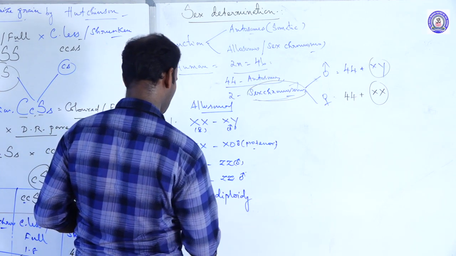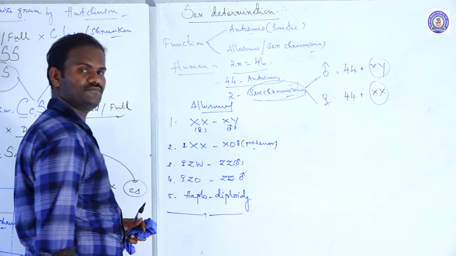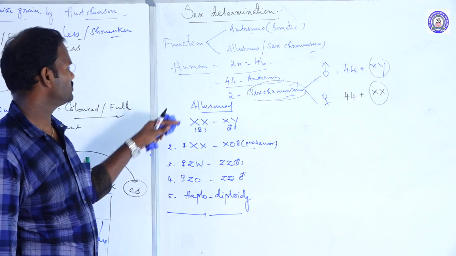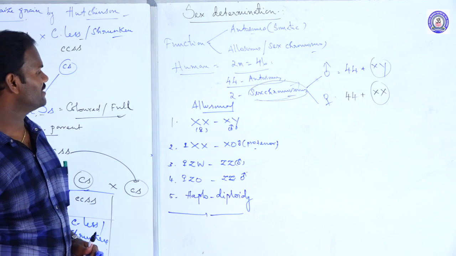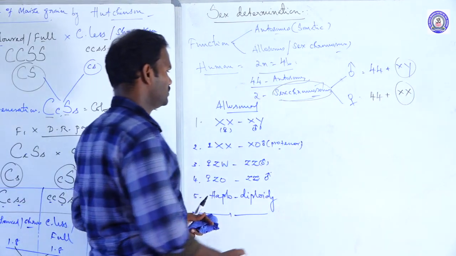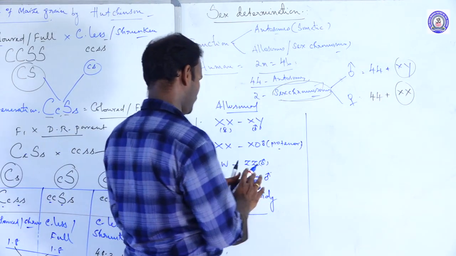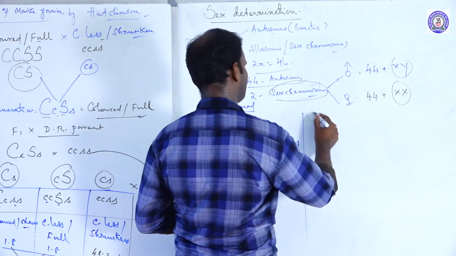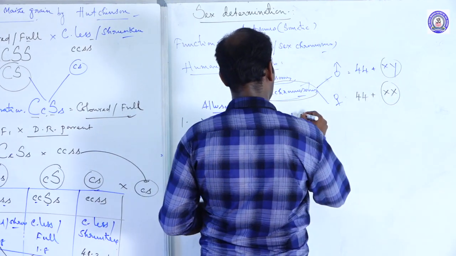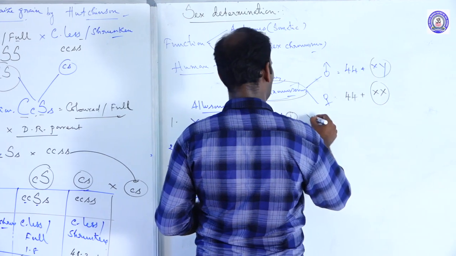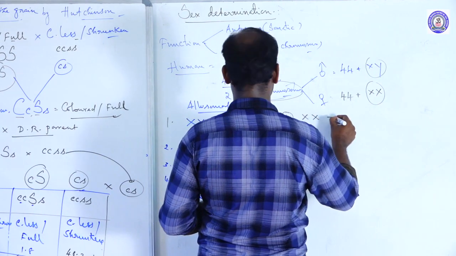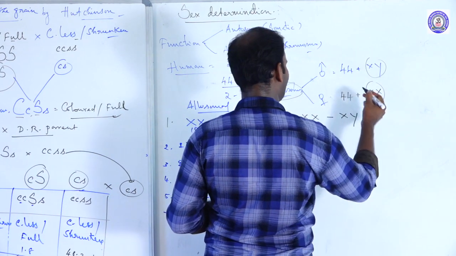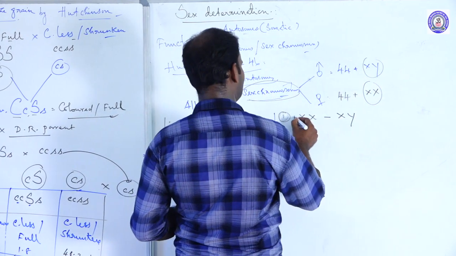Haplodiploid type. So these are the 5 types of sex determination based on their allosomic determination of sex. Take the first type as an example: XY type, XX female.